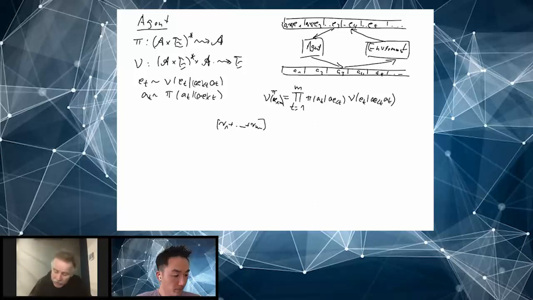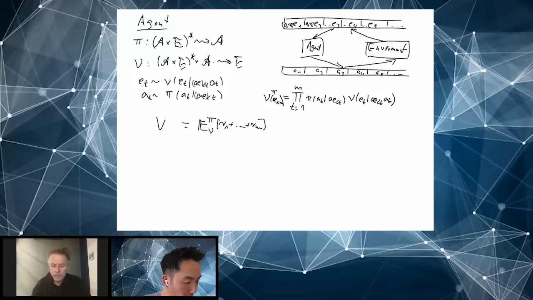So let's take the expectation, with respect to the environment nu and with respect to the policy pi. This expected reward sum is called the value of agent pi in environment nu.